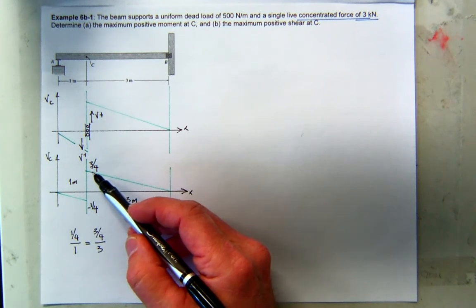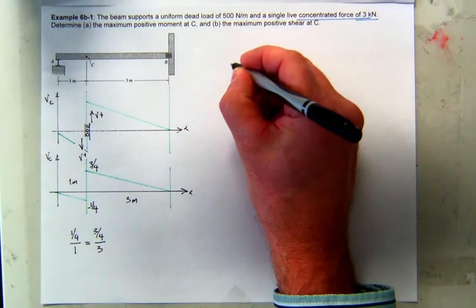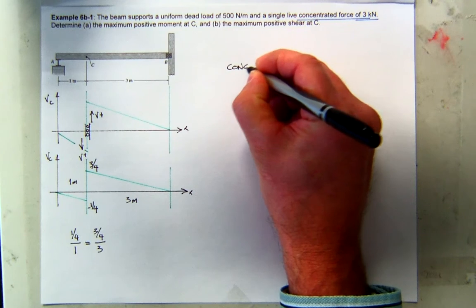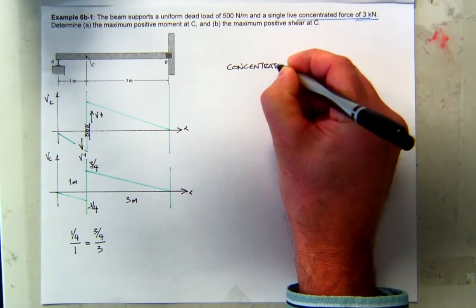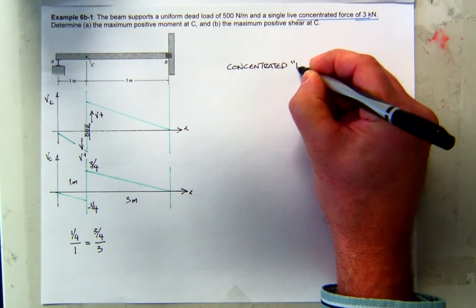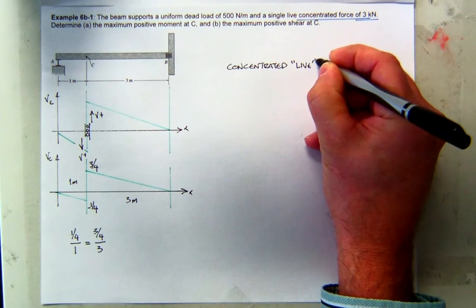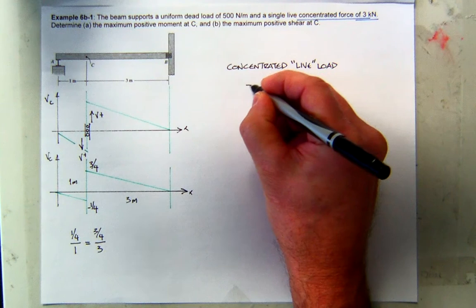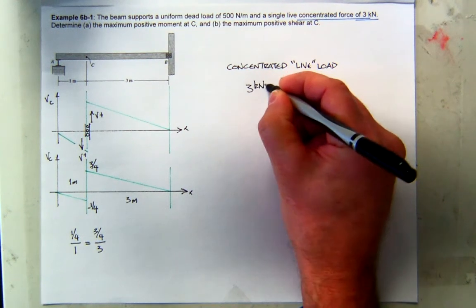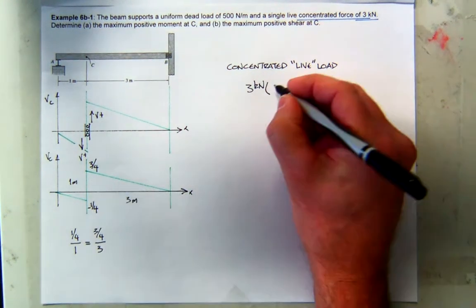You see that? So my concentrated live load, which usually means it moves around, has a value of 3 kilonewtons, and we multiply it by the ordinate value, which is 3/4.